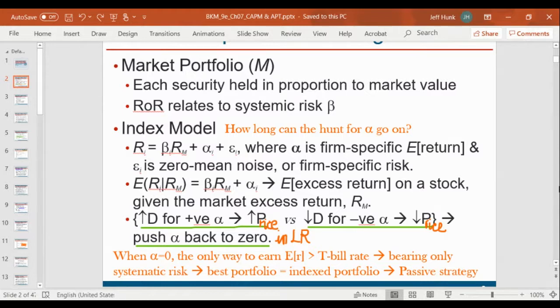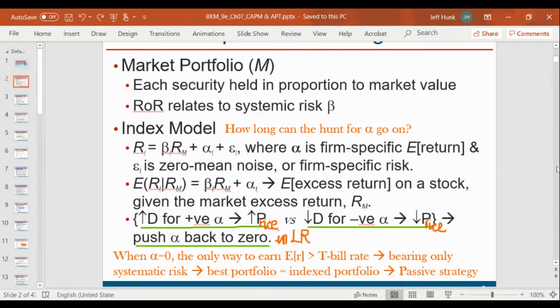To me, it was a logical mystery when I was a doctoral student. It looks like CAPM makes perfect sense when it is expressed in index model format.